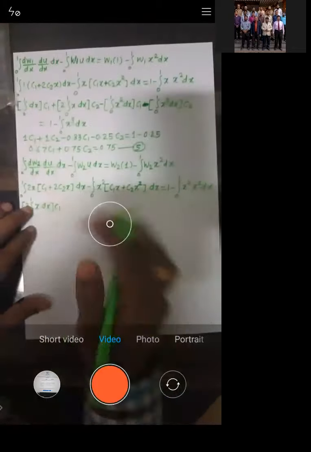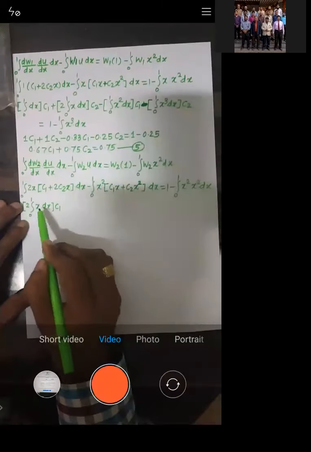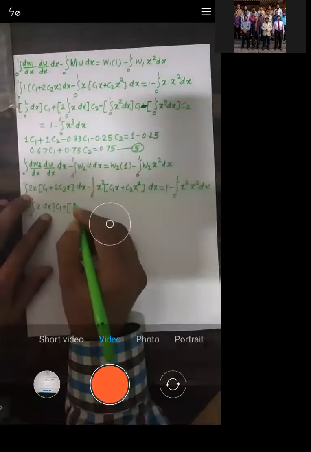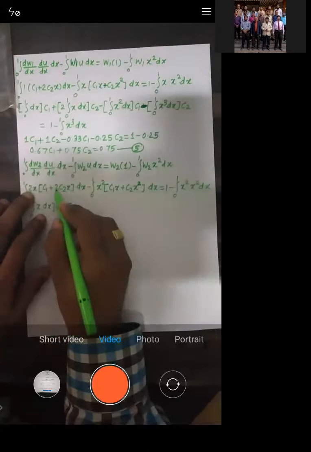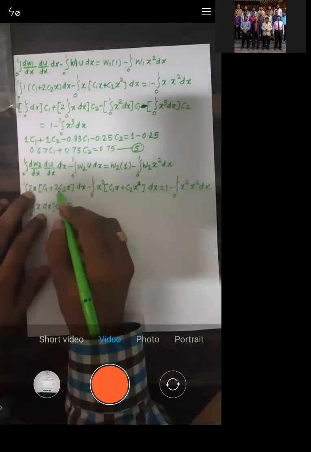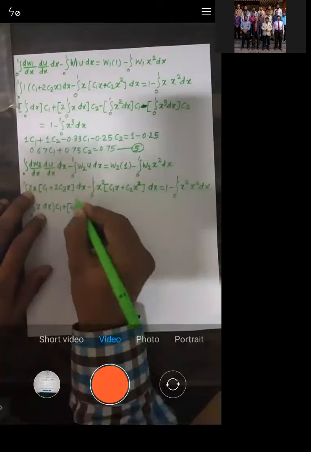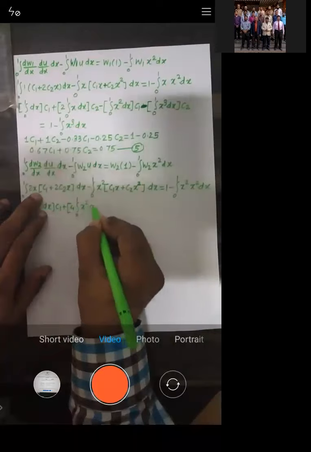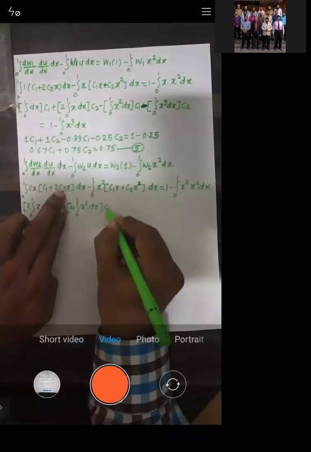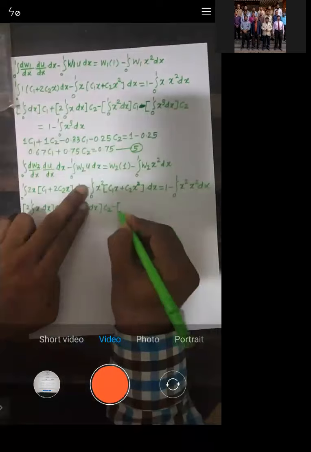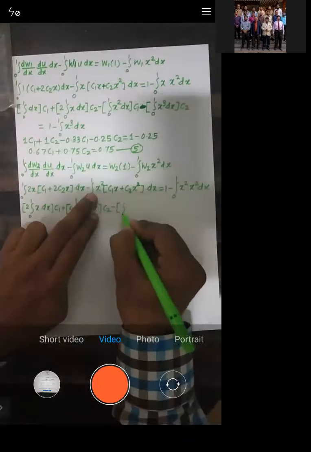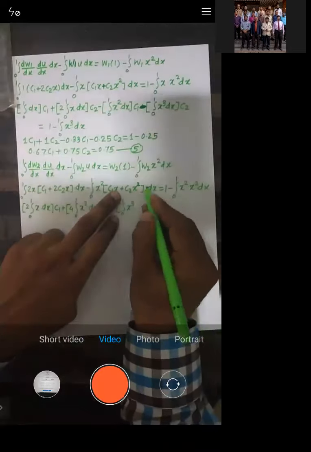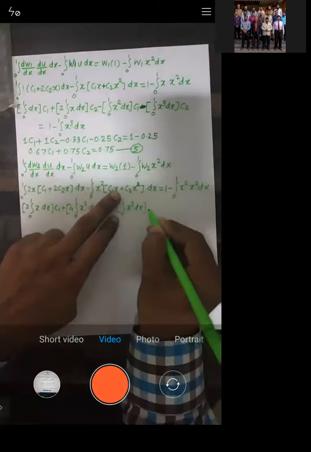Okay, sir. So see, this is 2x c1 dx, right? Now let us do this multiplication. Plus integration 0 to 1, 2 into 2 is 4, x and x is x square, x square into dx, c2. Now minus integration 0 to 1, x square into x is x cube, x cube into dx, into c1.